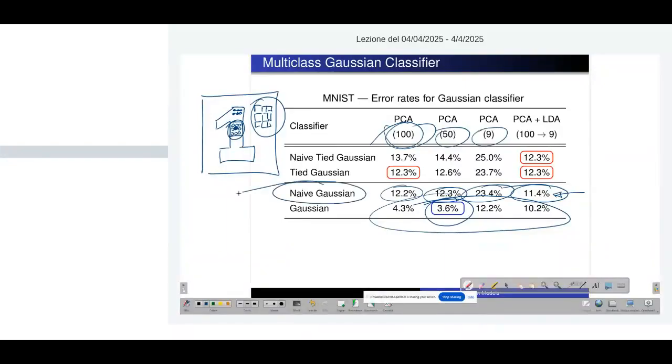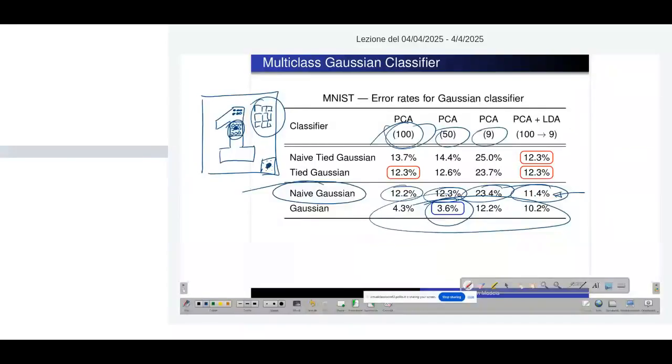Naive Bayes assumes that each pixel is independent of another. So the fact that here I have a white pixel doesn't tell me anything on the color of the neighboring ones, which can be black or white with the same probability, whether the central one is black or the central one is white.